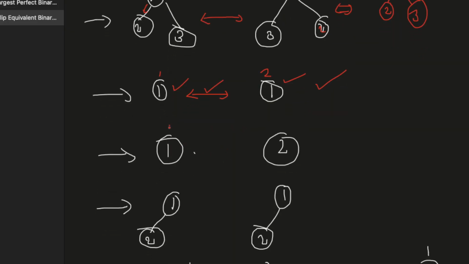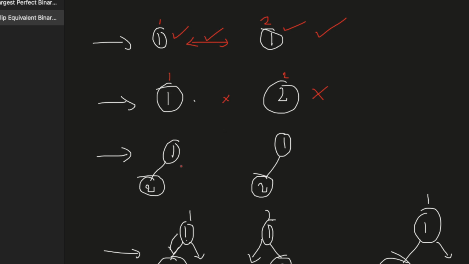Let's say we have another set of nodes. This is tree 1 and this is tree 2. So are these flip equivalent or not? These aren't, right? Because no matter how many flips I do, I cannot make these two trees equal, right? So this is not flip equivalent.